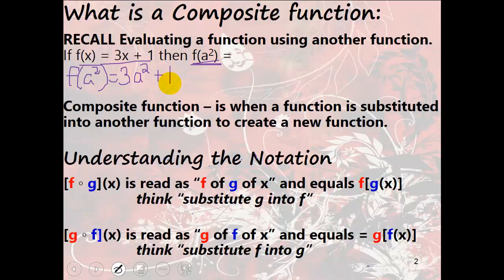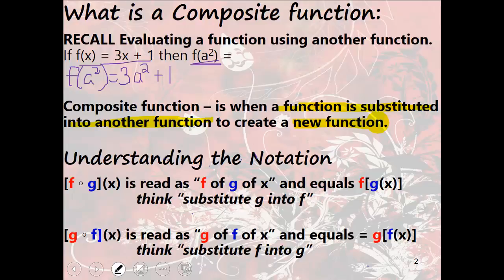That was a composite function because you're substituting. A function is substituted into another function, and we're actually creating a third function. So the hardest thing to understand is the notation, so I'm going to read it again.